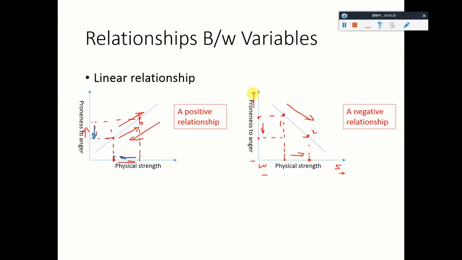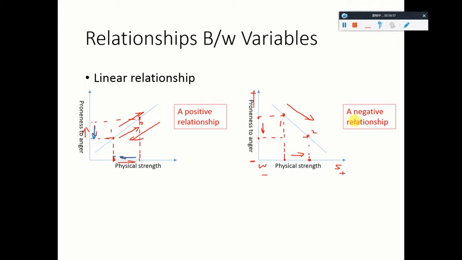In this case, we're moving from the positive end to the negative end, whereas on the x-axis, we're moving from the negative end to the positive end. So these two arrows are in opposite directions. That's why this line describes a negative correlation.